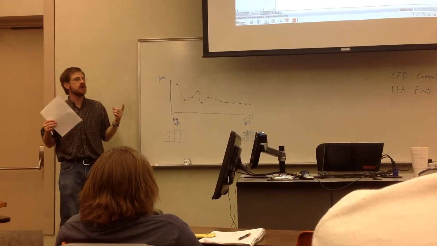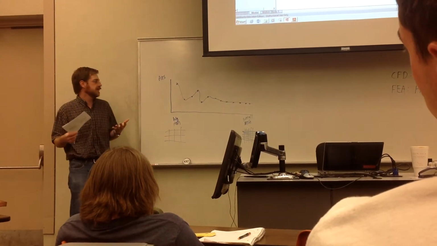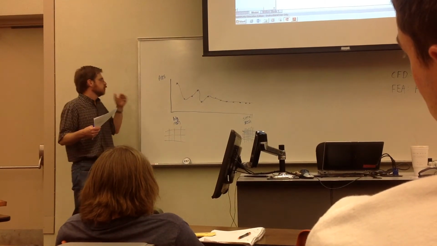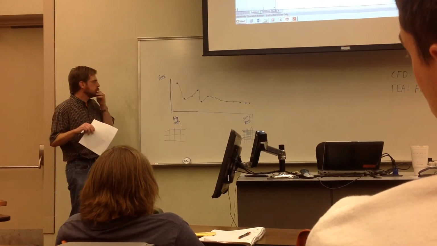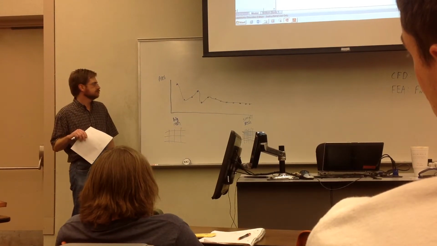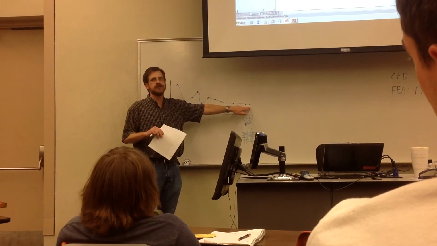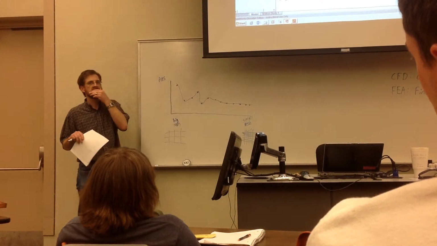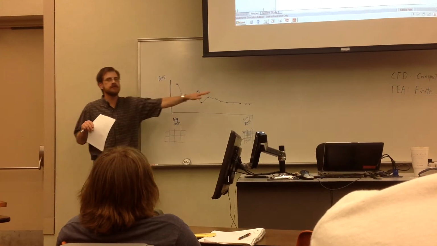And if we assume that there is one correct answer, one true state of fluid flow in this room, which one of these would you pick as the correct answer? The smallest mesh. Okay, this one up here? Okay, that would be a good answer. Any other thoughts? The average. Okay, the average, looking at all of them?